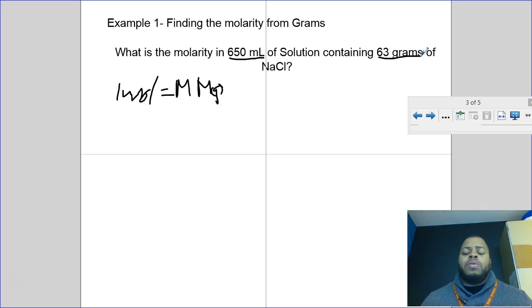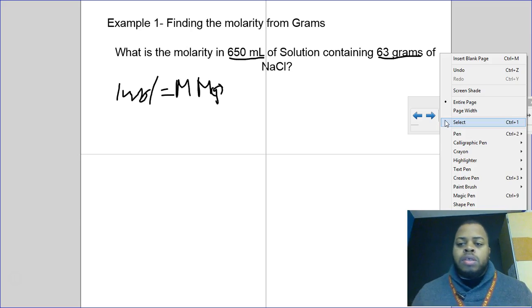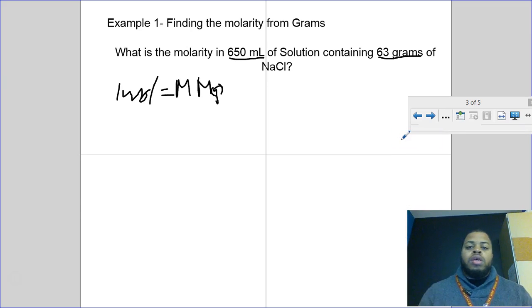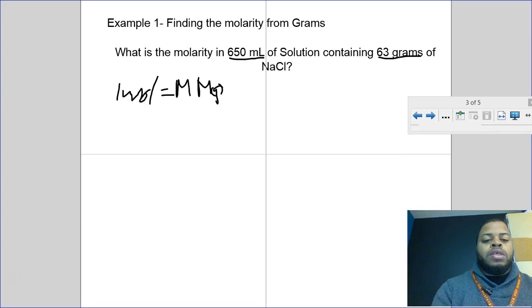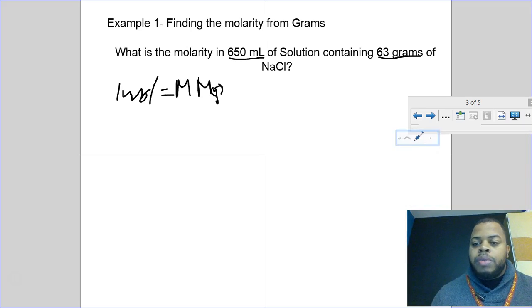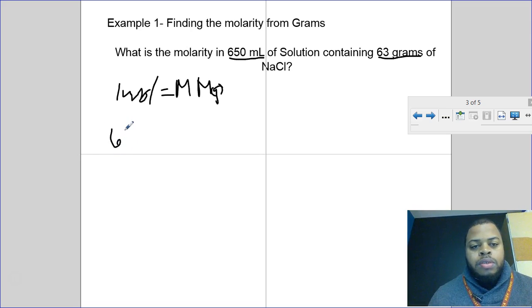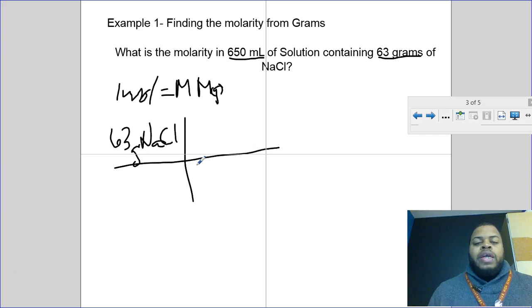But I have to go through a step first. I need to convert my 63 grams of sodium chloride into moles. So, how would I set it up? 63 grams NaCl, and I know that the molar mass of sodium chloride is 58.44.